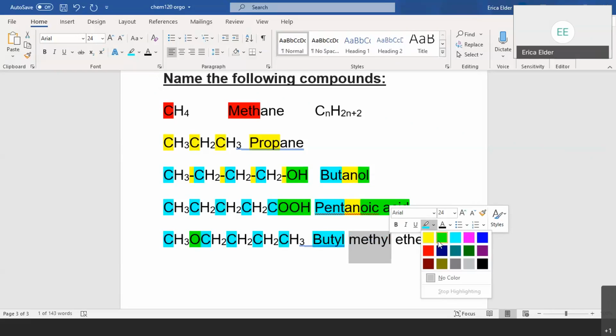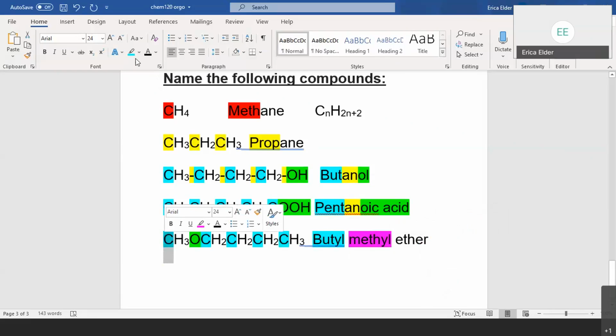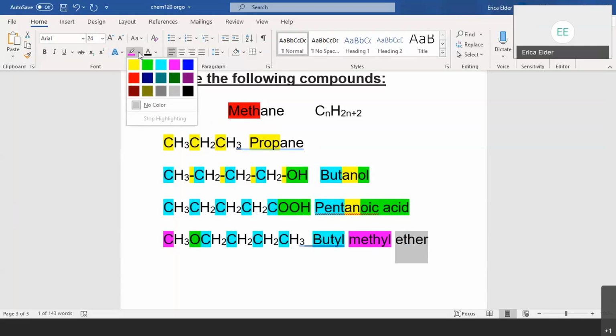So we'll make the methyl chain purple highlighted color. Go ahead and add our ending that lets us know we are dealing with a compound that contains an ether, and that run has now been taken care of.